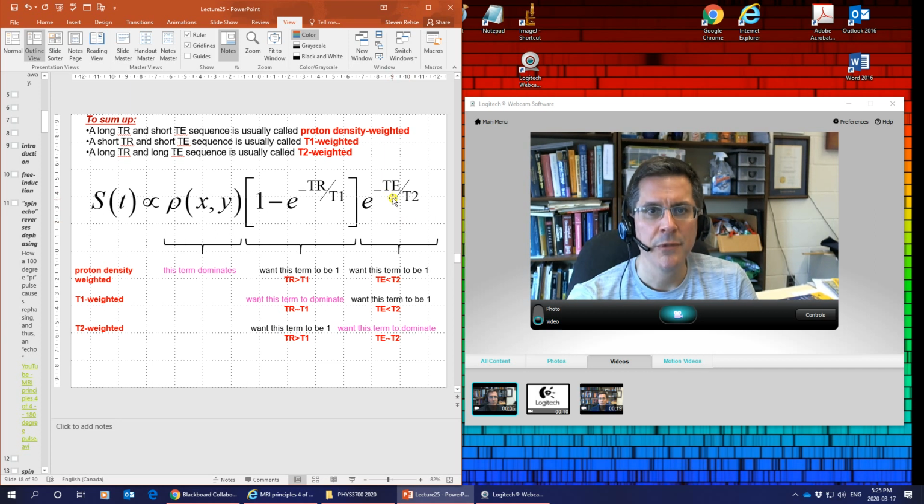For this term, I need TE to be much less than T2, because when TE is much less than T2, I have e to the negative 0, which is essentially 1. So proton density times 1 times 1. It's only dependent on proton density. That's called proton density weighted. So a long TR and a short TE is called a proton density weighted sequence for this reason.